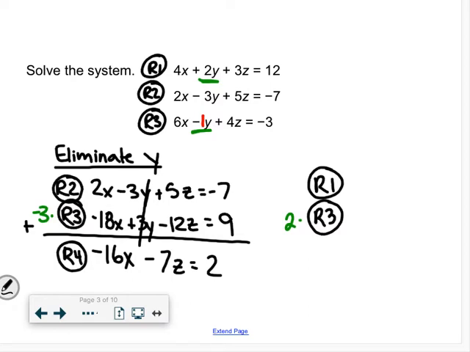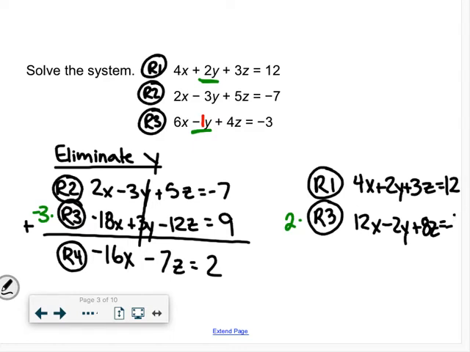Okay, so copy row 1 and multiply row 3 by 2. Make sure I do my math correct, because this would be super sad and disappointing if I got it wrong. If I get it wrong right there, then I'm not getting the right answer.